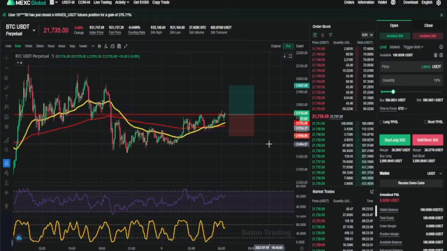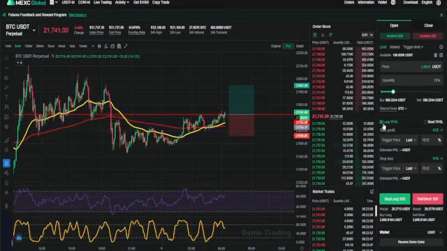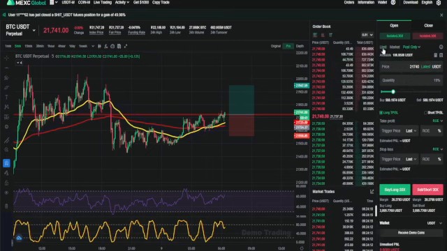Stop loss and managing risk is the key. Never, never, never, ever take an order without a stop loss in place. Every single time you place an order, you come up here and hit the latest. Personally, I trigger post only. That way, it's guaranteed to be a limit order.